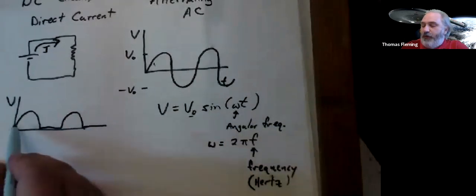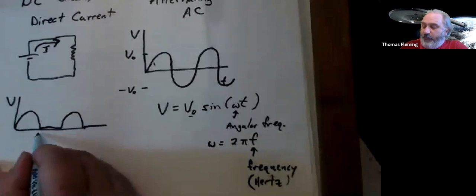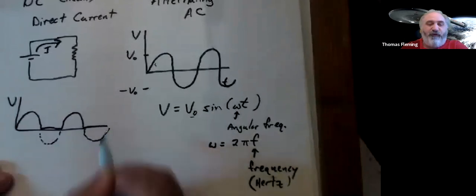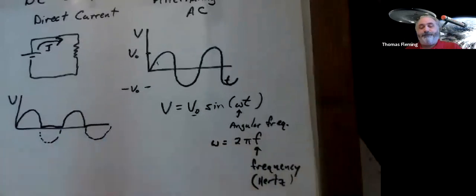And so now the current only ever goes one direction, because all the places where it tried to go negative, the rectifier won't let it. So if you look at your charging cord for your computer or whatever, those little boxy things are usually the thing that's converting the alternating current in your wall into the direct current that your computer needs to charge up. So that's why you've got those big knobby things.